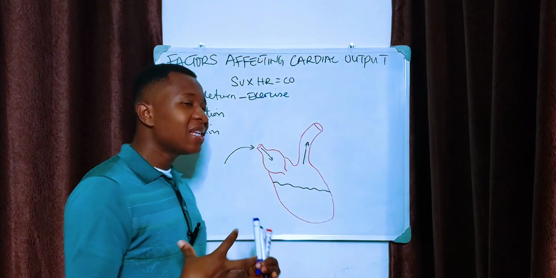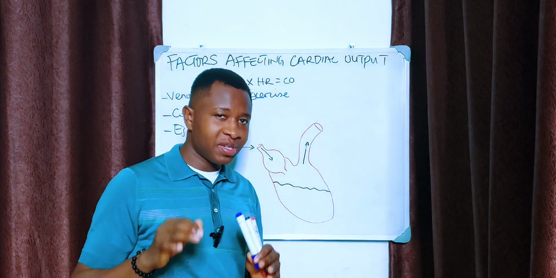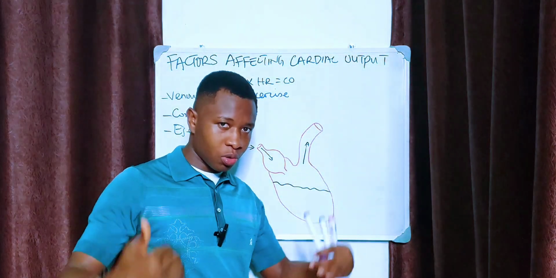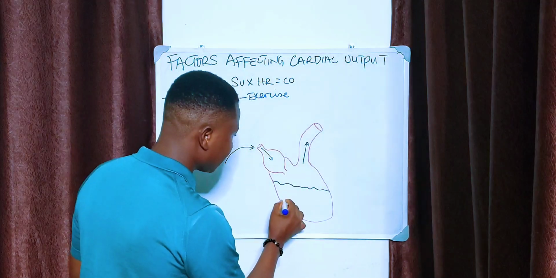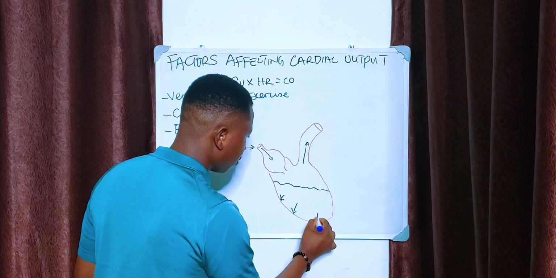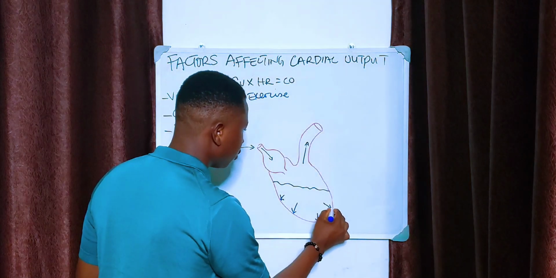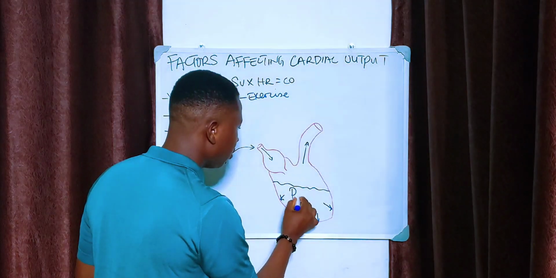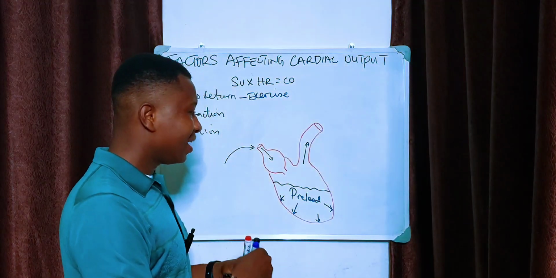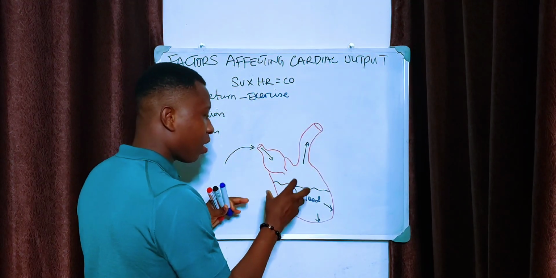Now, there is a certain force that is placed on the walls of the ventricle. That force placed on the walls of the ventricle is referred to as preload. So the preload is the force that is placed on the ventricle.